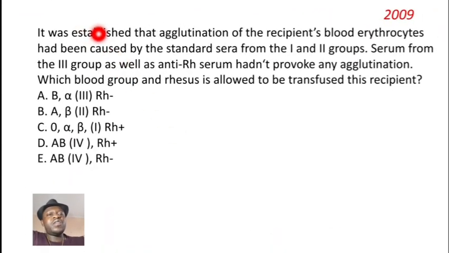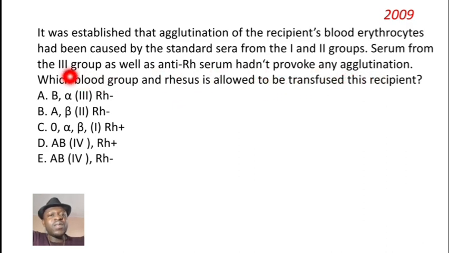It was established that agglutination of the recipient's blood erythrocytes had been caused by the standard serum from blood group 1 and 2. Serum from 3 as well as anti-serum didn't provoke any agglutination. What blood group and rhesus is allowed to be transfused to this patient, right?